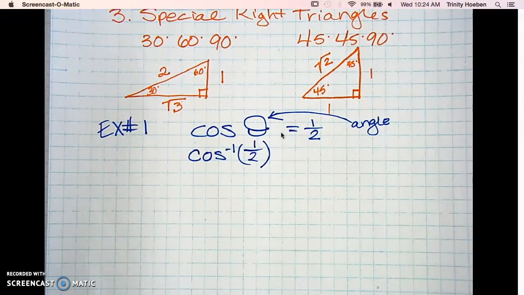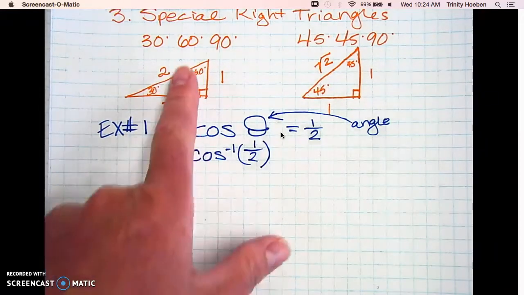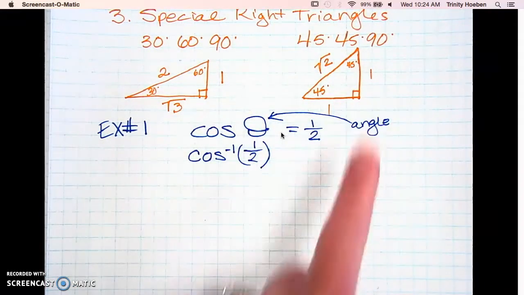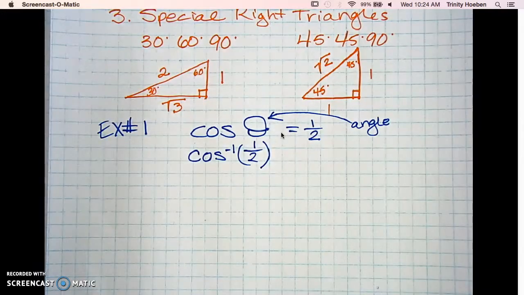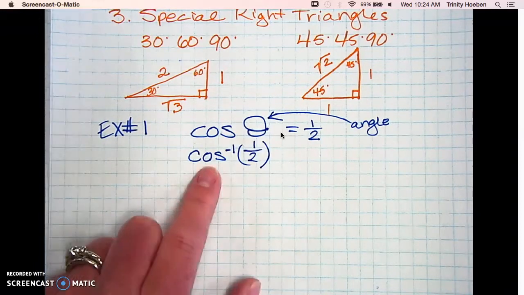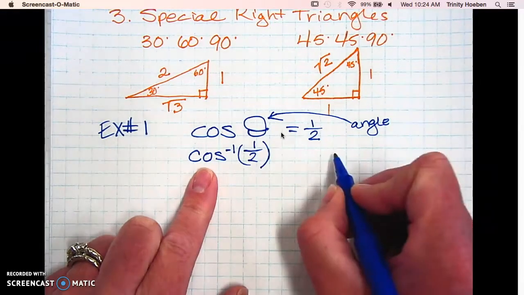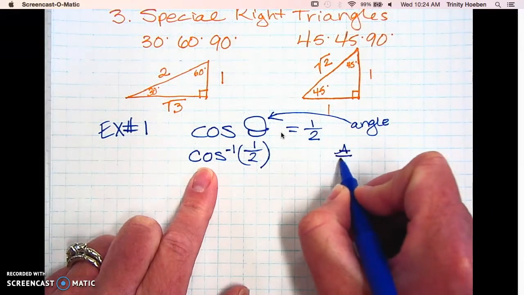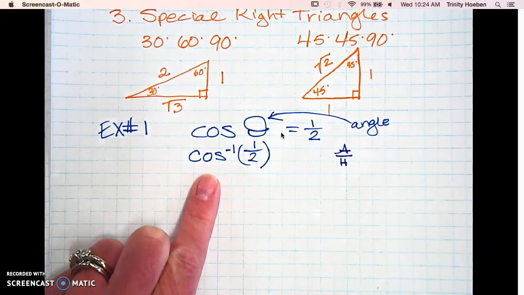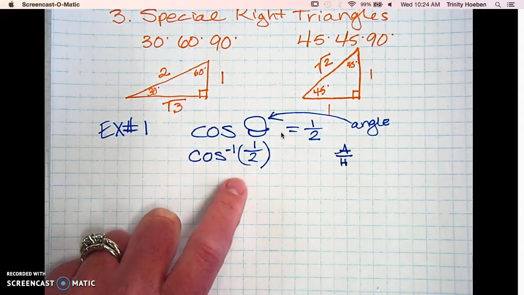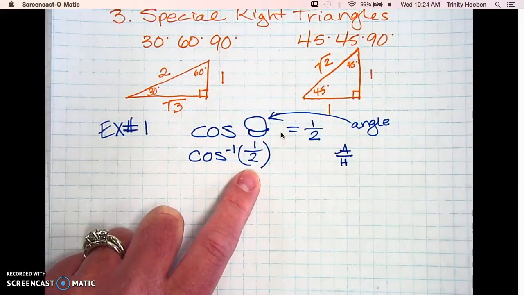And so if you look at these two special right triangles, the 30, 60, 90 and the 45, 45, 90, you might be able to, just by looking at them, figure out which angle they're talking about. Okay? Cosine is the ratio of what to what? Adjacent over hypotenuse. Okay? So which of these two triangles has a 1 and a 2 in it?